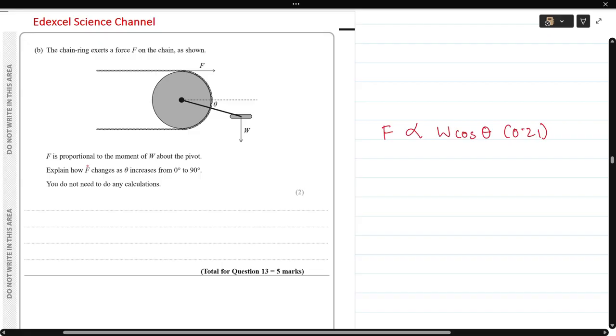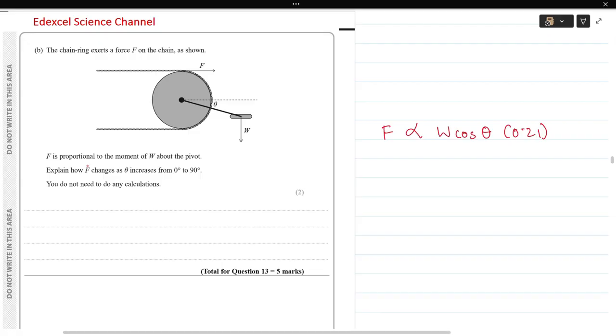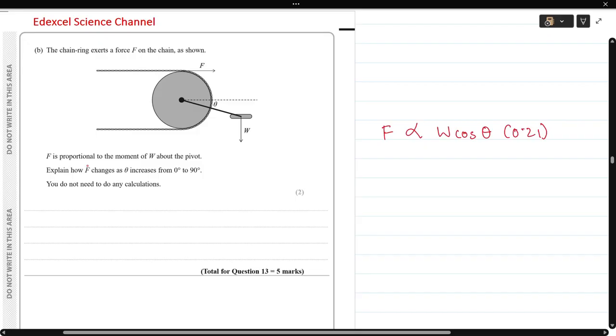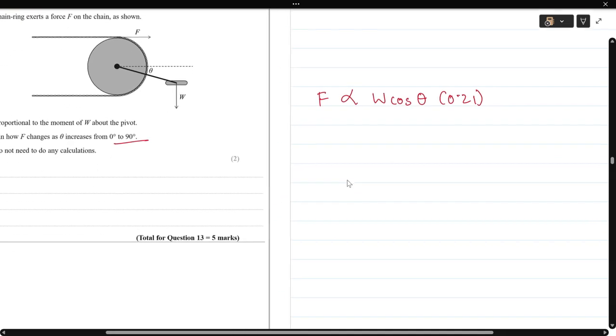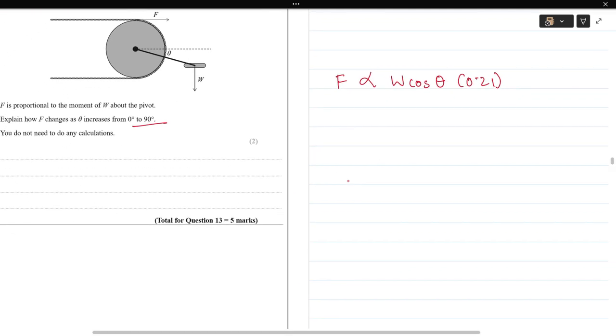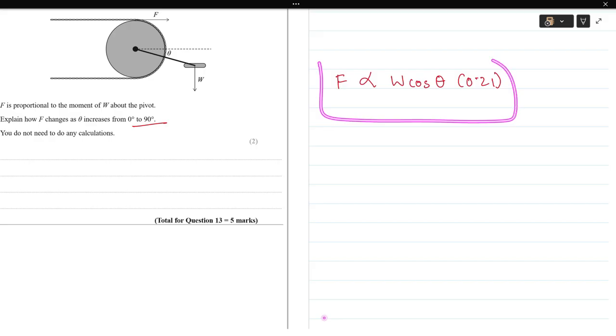Now, explain how F changes as theta increases from 0 to 90. If you look at this expression, what do you think is changing in it? This is not changing because it is a constant value.